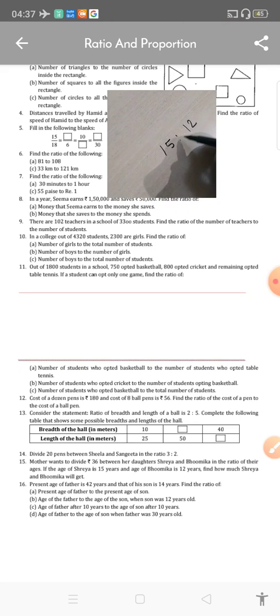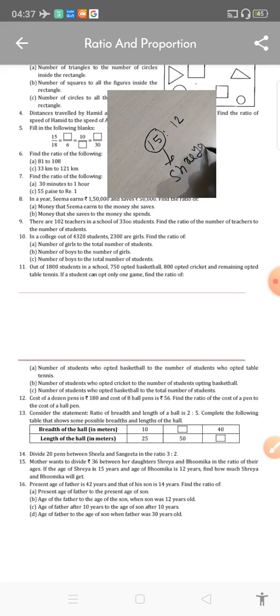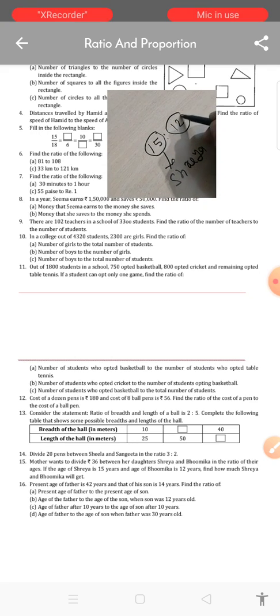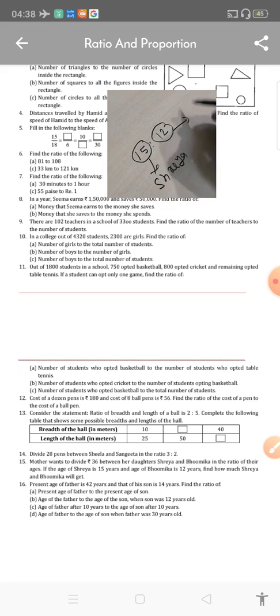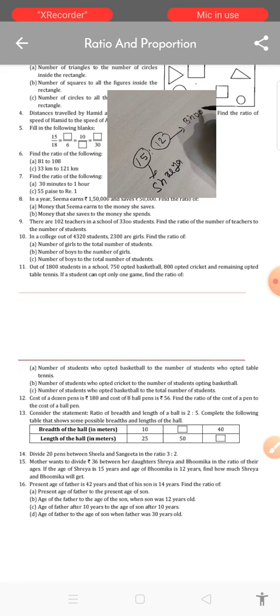This is the age of Shreya, Shreya is 15 years old, and this is the age of Bhumika, Bhumika is 12 years old.